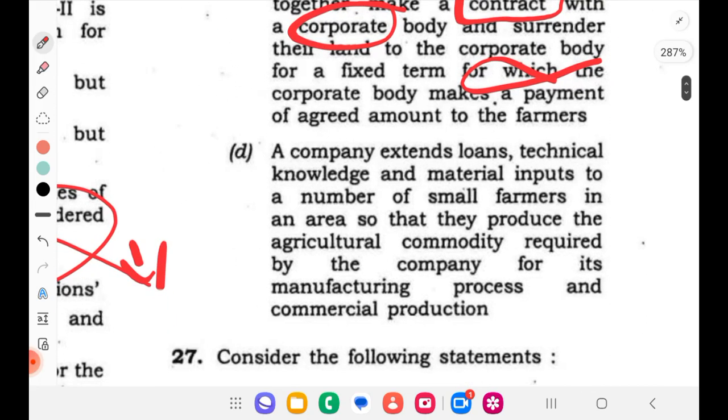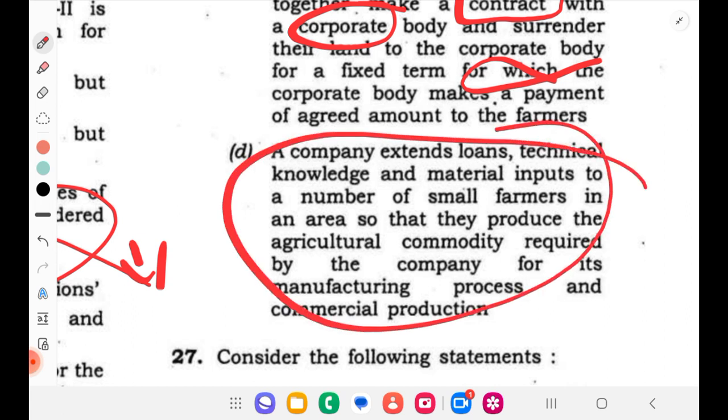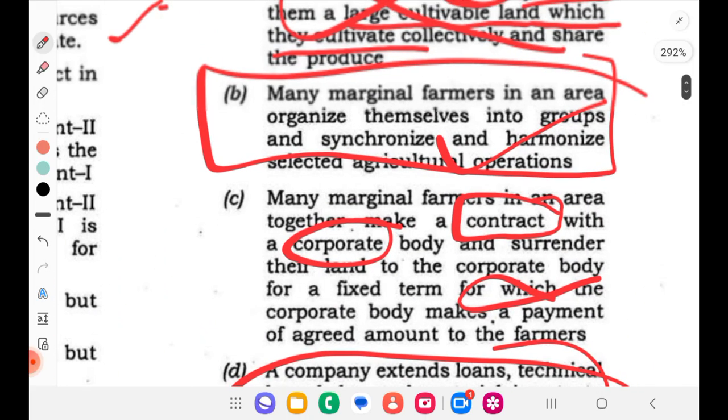Then we have the company extends loan, technical knowledge and material inputs to the number of small farmers in an area so that they produce the agricultural commodity required by the company for its manufacturing process and commercial production. So this is what? Contract farming again. So this is wrong. We have left with option B only.